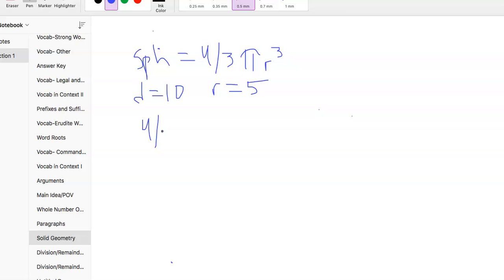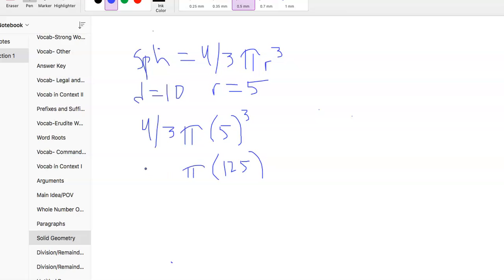Now we start plugging this in: 4/3 times pi times 5 to the third. 5 to the third is 5 times 5 times 5. 5 times 5 is 25, and 25 times 5 is 125.